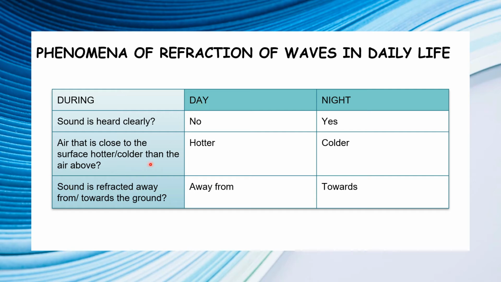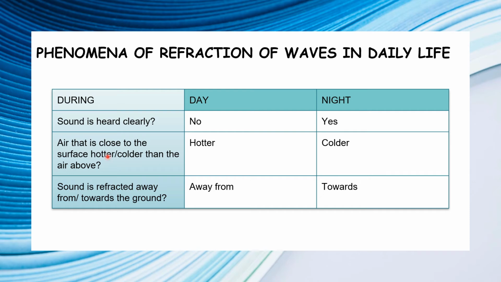During the day, air that is close to the surface is hotter than the air above. So the sound will move faster in hot air than cool air. As such, the sound is refracted away from the ground.